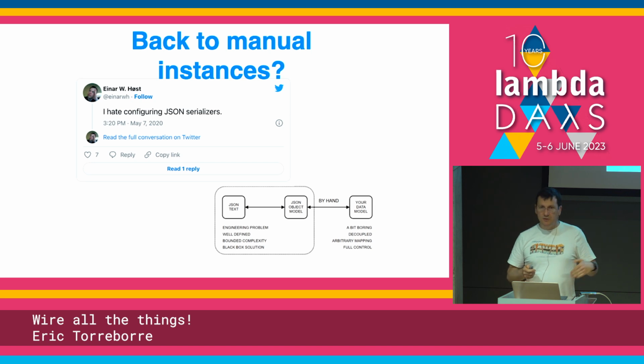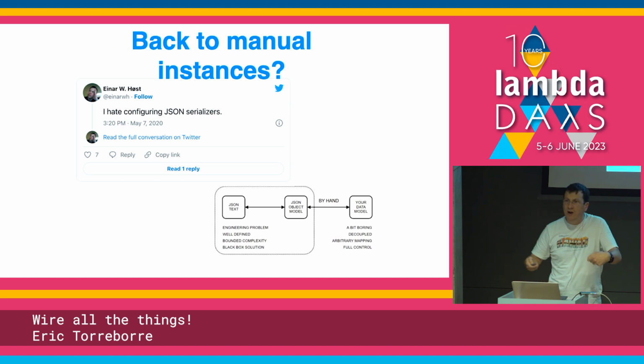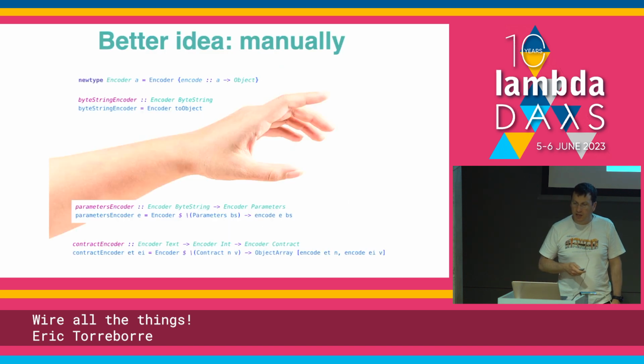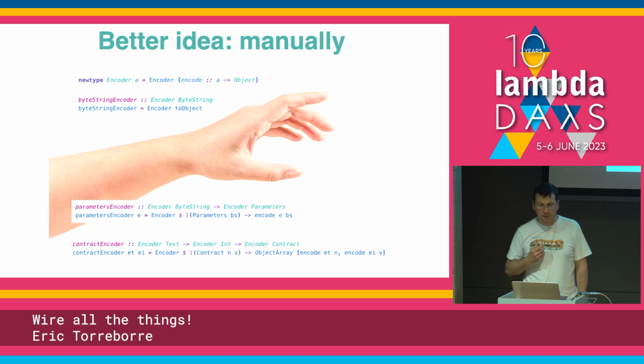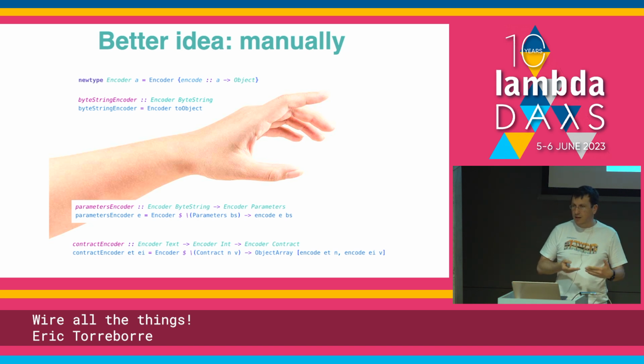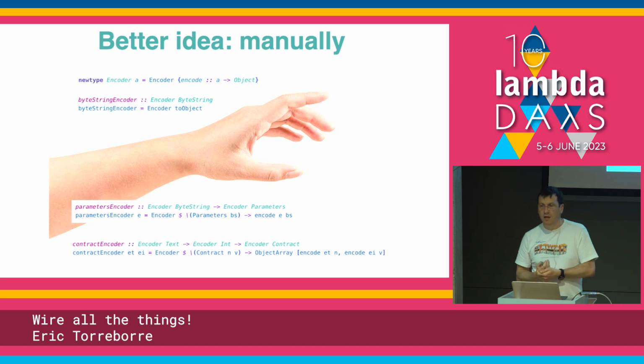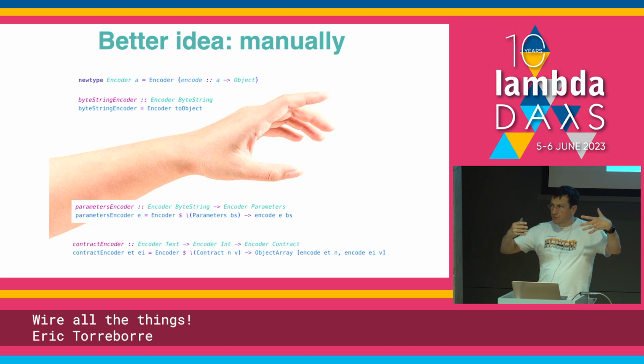So let's try to see, what if we were to do all of this manually? Like, what if we had to write this code and not have it generated for us? Can we start from there? So let's say you describe an encoder as any function that takes an A and returns a JSON value, for example. What do you need to encode the whole transaction? Well, you need encoders for things like ints, strings, byte strings, low-level types.